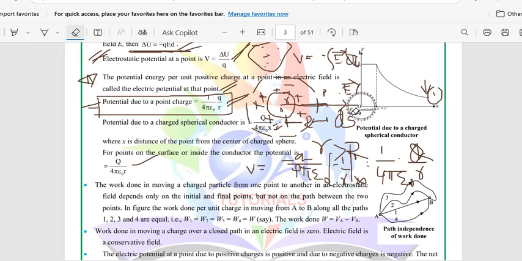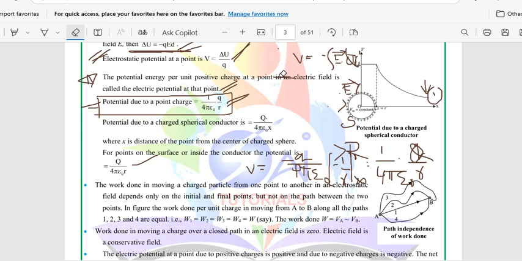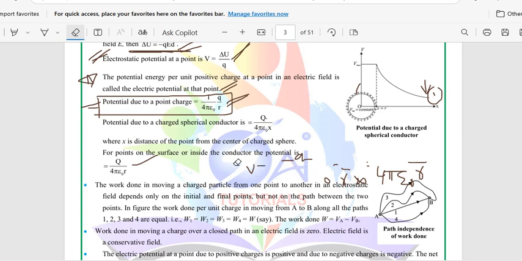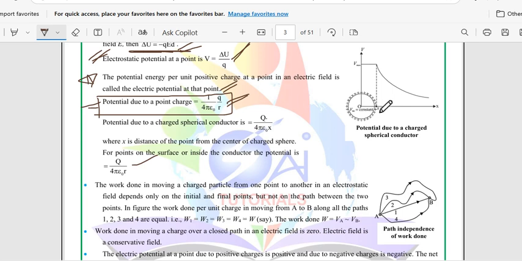Suppose you consider the unit positive charge, the distance from the spherical shell.